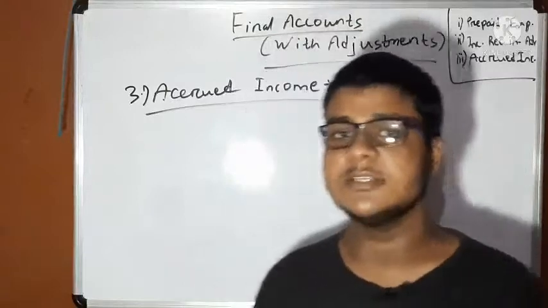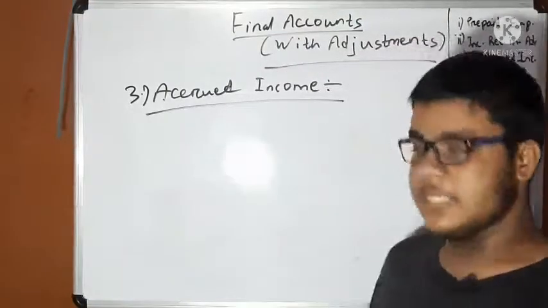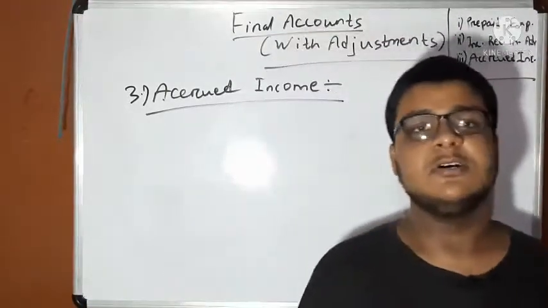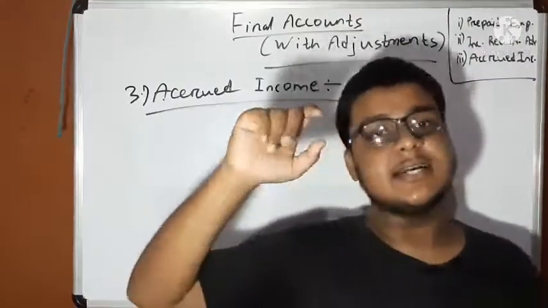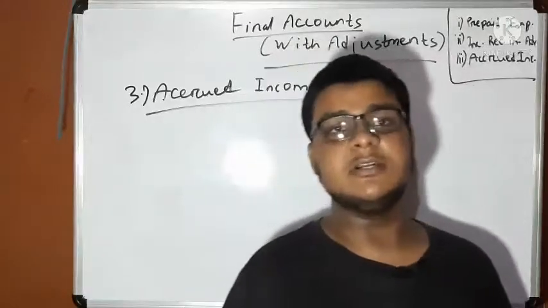The next adjustment that we are going to read today is accrued income. So what is this accrued income? Accrued income is the income which is earned but not yet received.